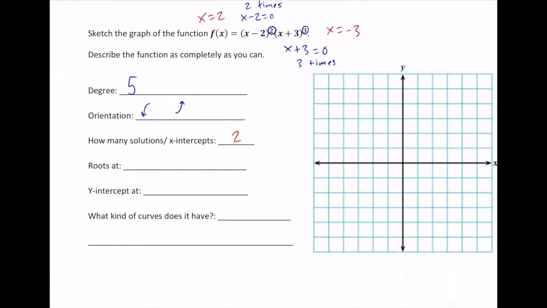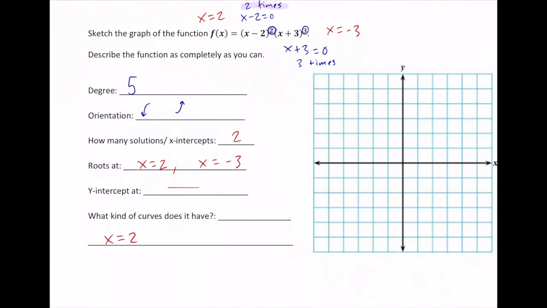Right, let's look at those roots. One is x equals 2. The other one is x equals -3. I don't want to look at our y-intercept right now. We can ignore it. And then we want to look at what kinds of curves it has. So at x equals 2, that has a multiplicity of 2 because we saw that answer twice.